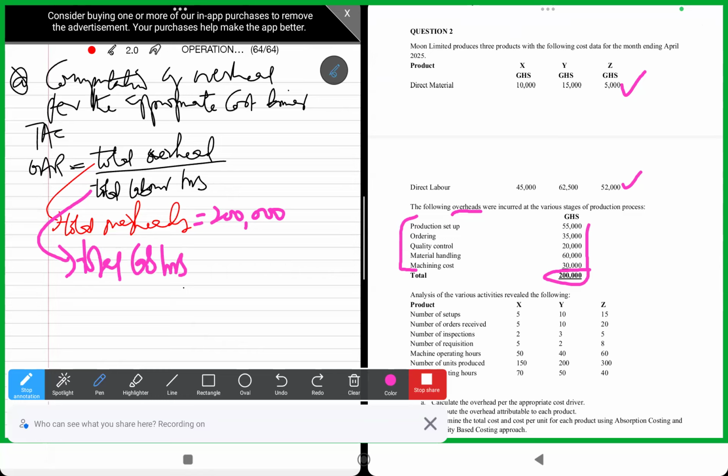Sometimes the question will choose not to give you the total. Your duty will be to add all, then you find the total. You add 55,000 plus 35,000 plus 20 plus 60 plus 30. All together gives us what? 200.